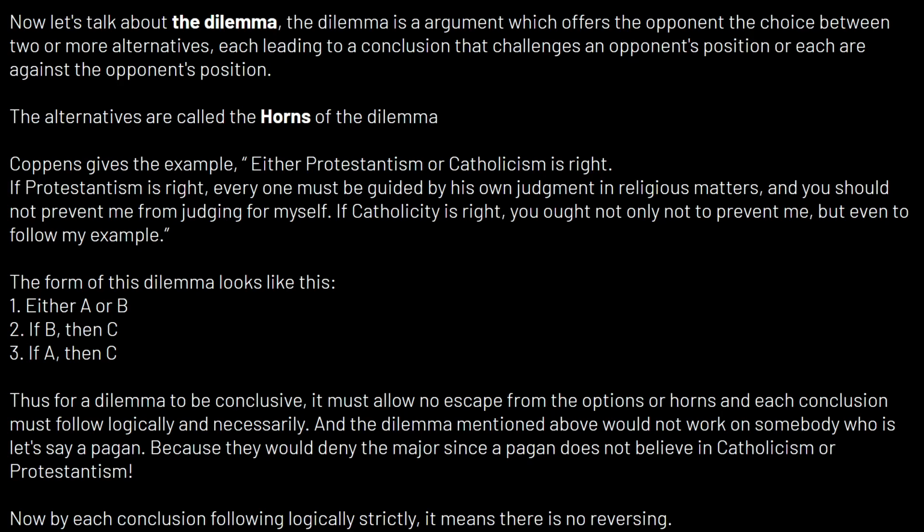And the dilemma mentioned above would not work on somebody who is, let's say, a pagan, right? So it has to be respective to someone's position. That's why the dilemma above doesn't work on somebody who is, let's say, a pagan who believes in multiple gods, because they would deny the major, since a pagan does not believe in Catholicism or Protestantism. Now, by each conclusion following logically strictly, it means there is no reversing or retorting.